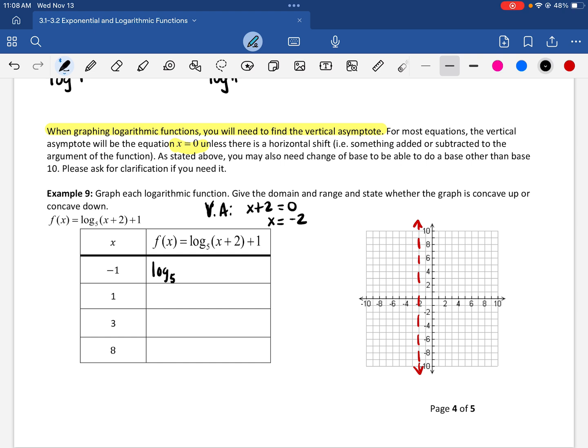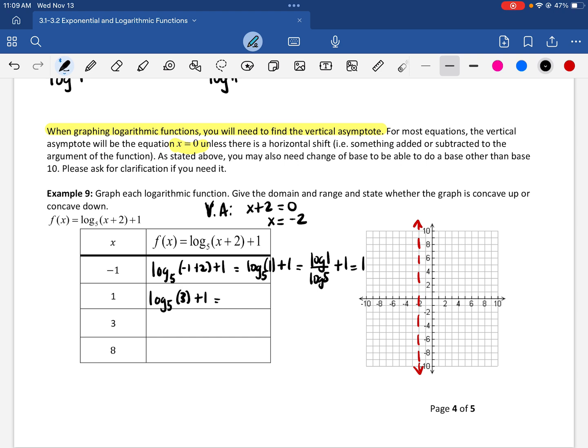So log base 5, I'm going to plug in a -1. This is going to be log base 5 of 1 plus 1. Again, you might have to do log of 1 divided by log of 5 and then plus 1, and you should see that that gives you 1. Next one, log base 5, when I plug in a 1, that's going to make that a 3.